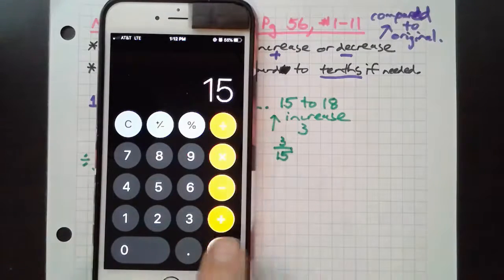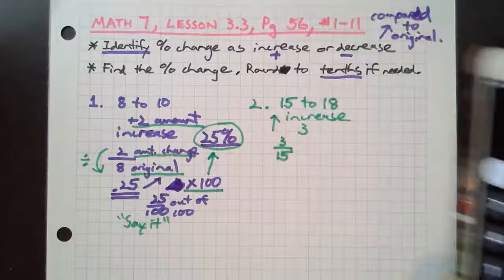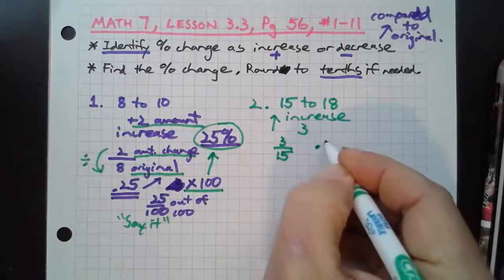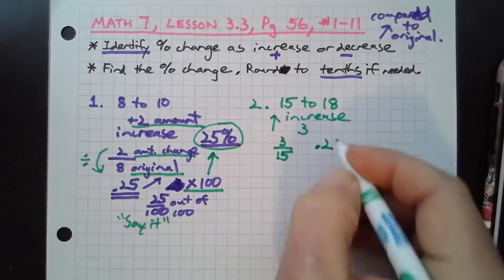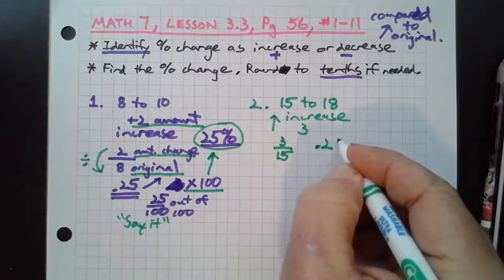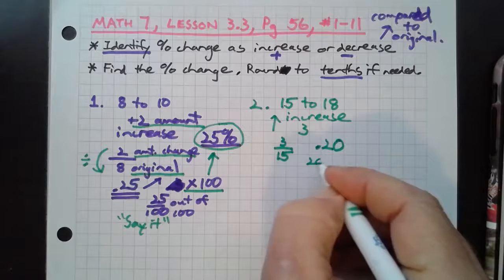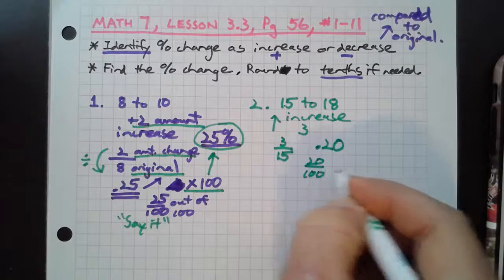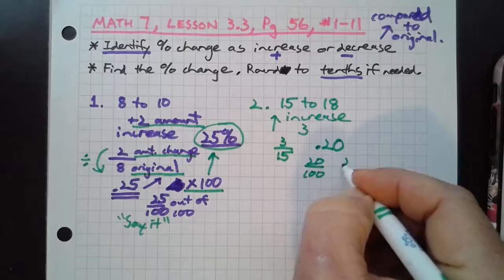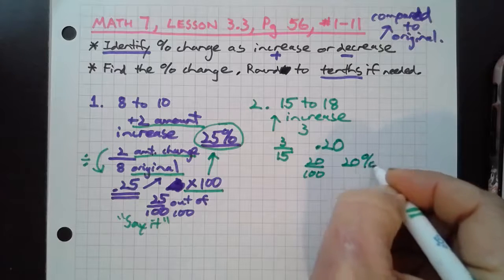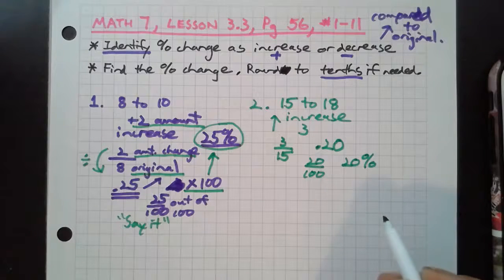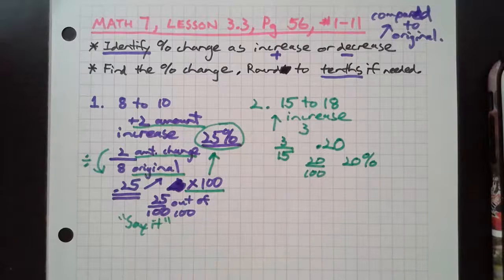What is it? 2/10. What happens if I add a 0 there? Here, does it change anything? No. Now say it. 20 100ths. Oh, look, it's 20 out of 100, or 20%. Very nice. The only question now is, what color do I choose?